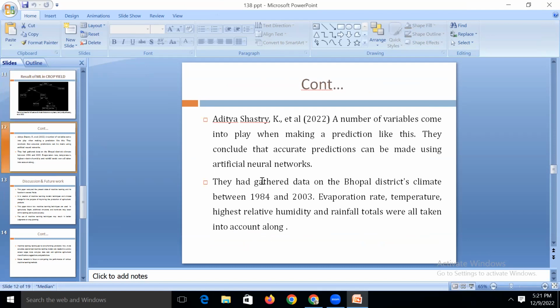Aditya Sastry gathered data on the Bhopal district climate between 1984 and 2003, in which evaporation rate, temperature, highest relative humidity, and total rainfall were all taken into account.